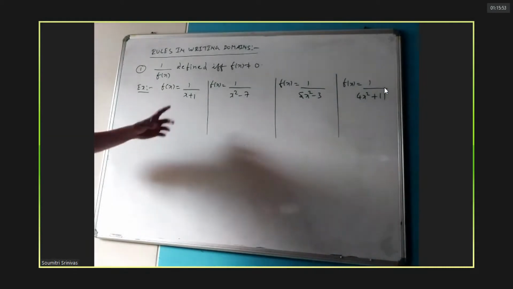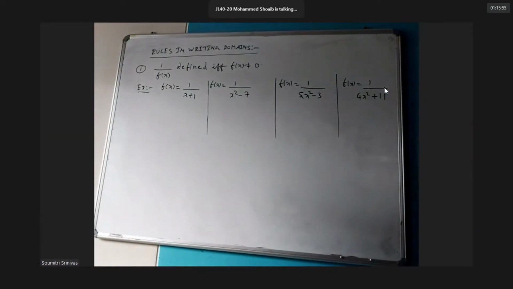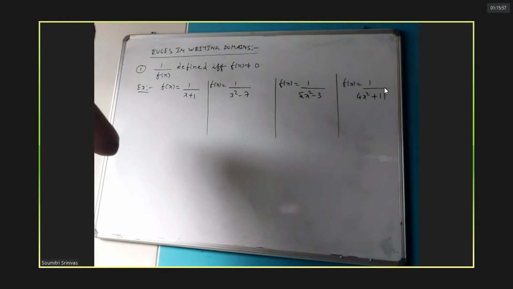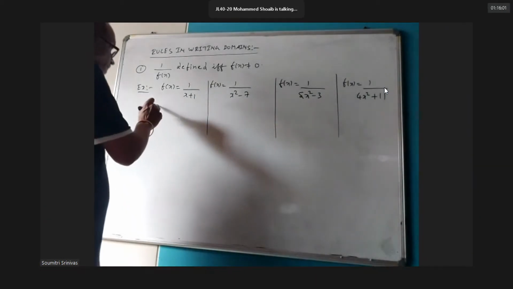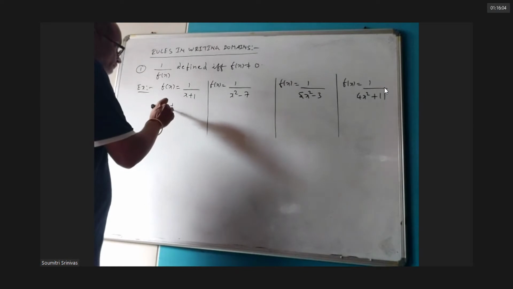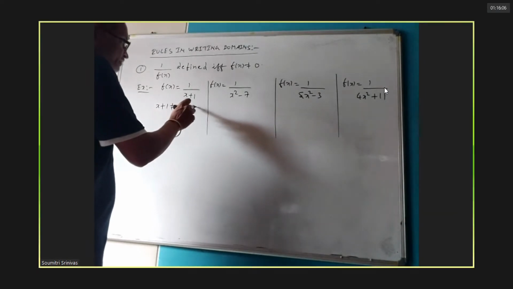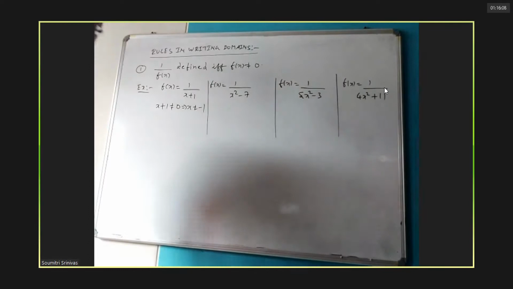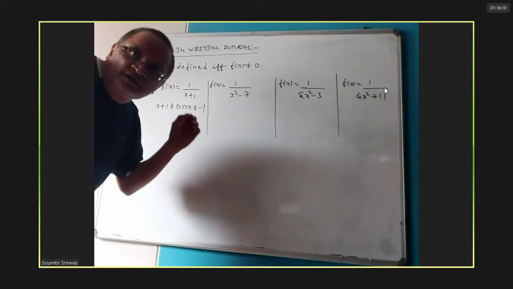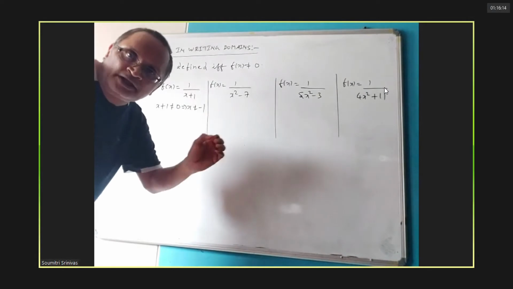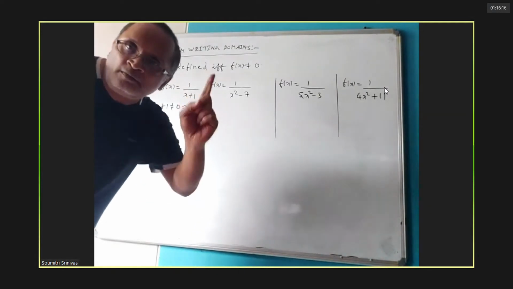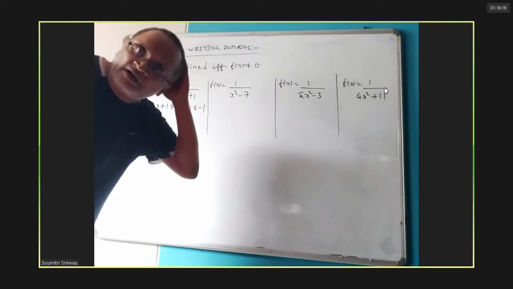When is the first one defined? We are writing the domain. x is not equal to minus 1, since the denominator should not be 0.